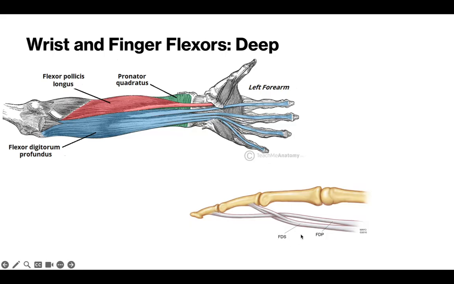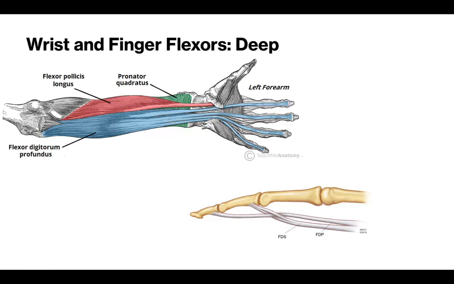So there's 3 muscles that are going to be on the deep side of the forearm. Okay, again, FDP, flexor digitorum profundus, flexor pollicis longus, and pronator quadratus. So we've got some really nice names here for the muscles, and they're going to help us out a lot in telling us where they're going to be originating, inserting, and what their action can do.